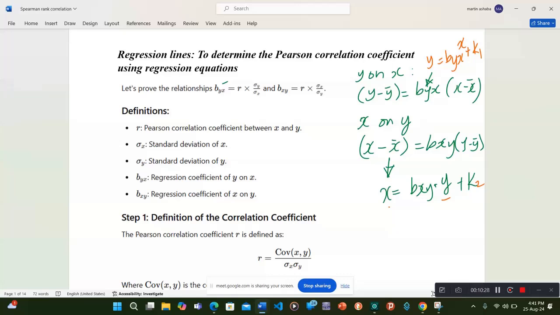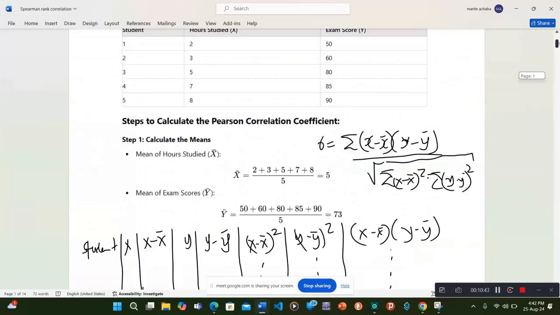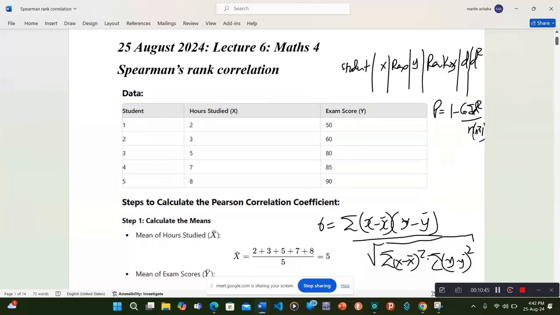From these coefficients, you are able to determine the Pearson correlation coefficient. Sometimes you are not given that data above, but you are given lines with expressions.